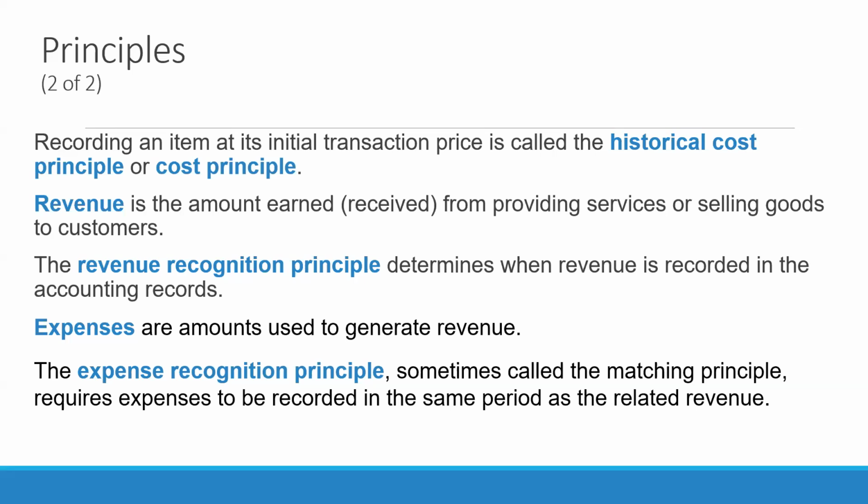The revenue has to be recorded in the period in which you actually earn it, when you're providing the service or actually deliver the goods. That's when you get to record that revenue, and then you have to record the expense with the matching principle, which is at the same time as the revenue associated with that expense.